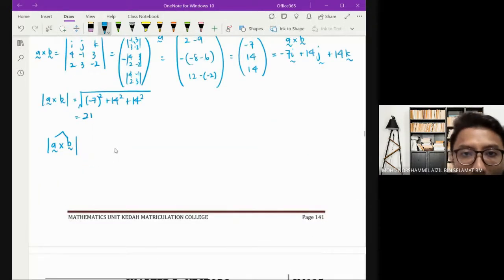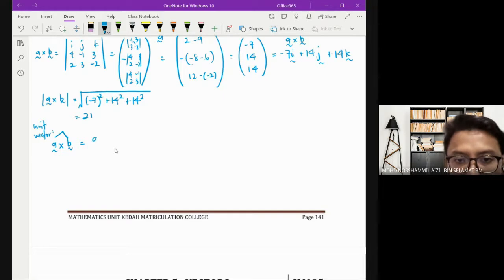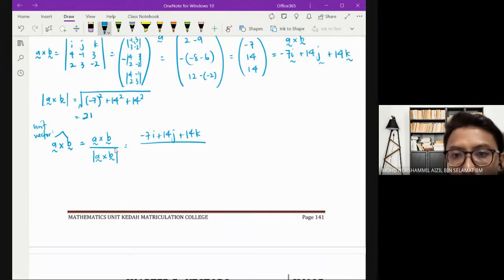Okay. So we need to eliminate this one. Okay guys. So this is the unit vector. A cross B cap is equals to its vector A cross B itself, divided by its magnitude. So ambil balik vector dia, minus 7i plus 14j plus 14k, all together divided by 21.